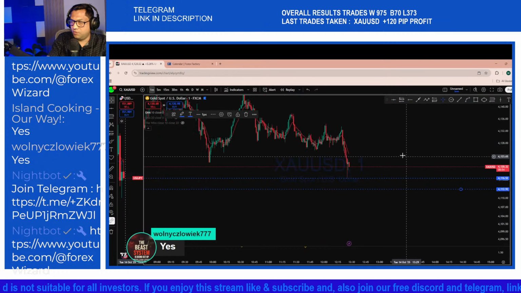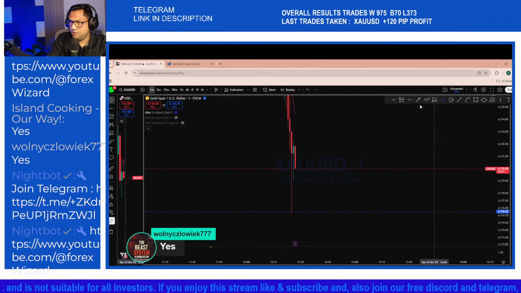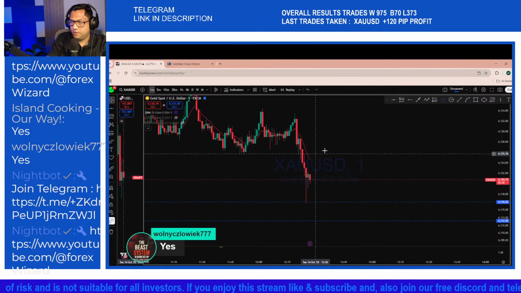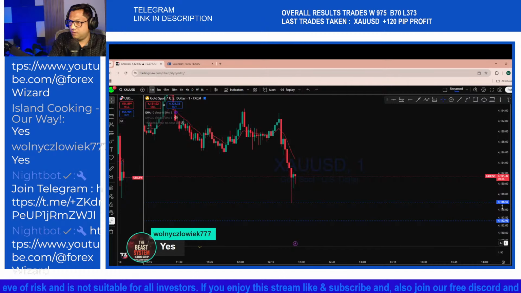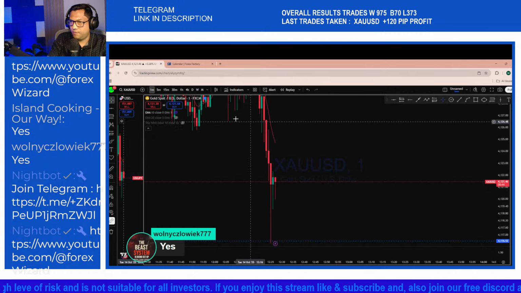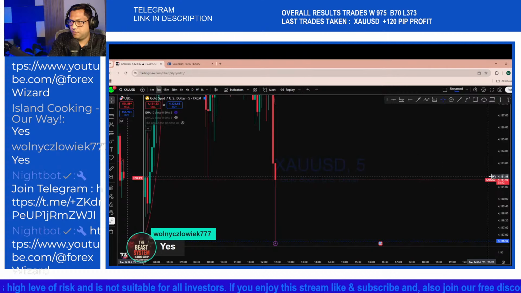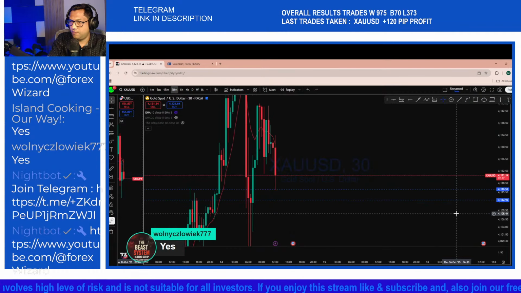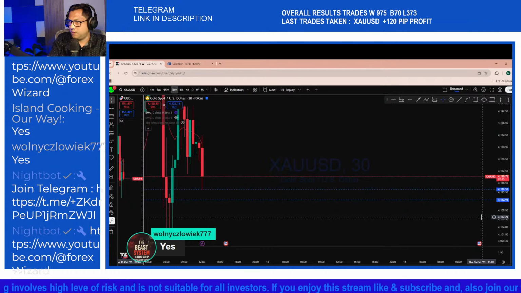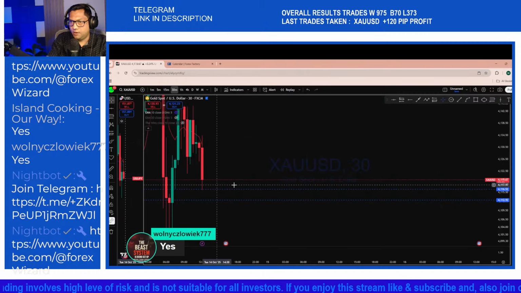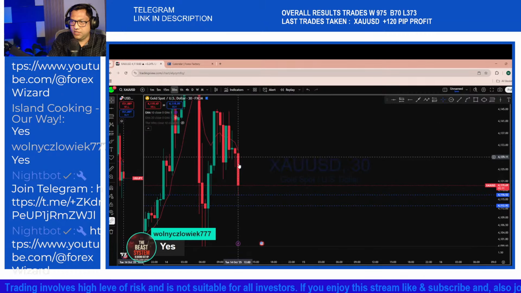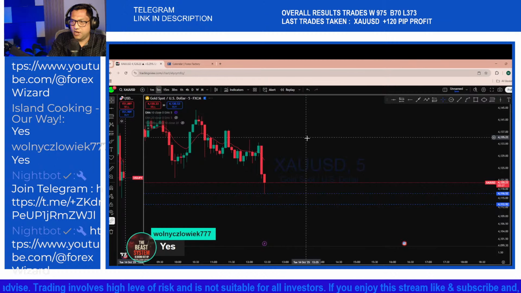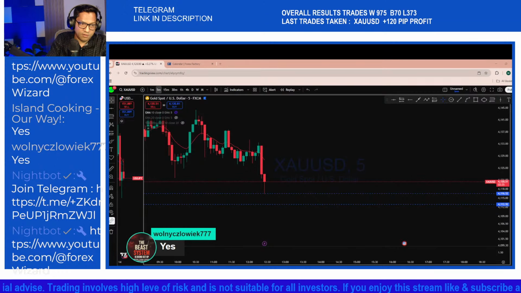It's a pretty big order block, and this market structure that you can see here is showing the possibility to be bearish.